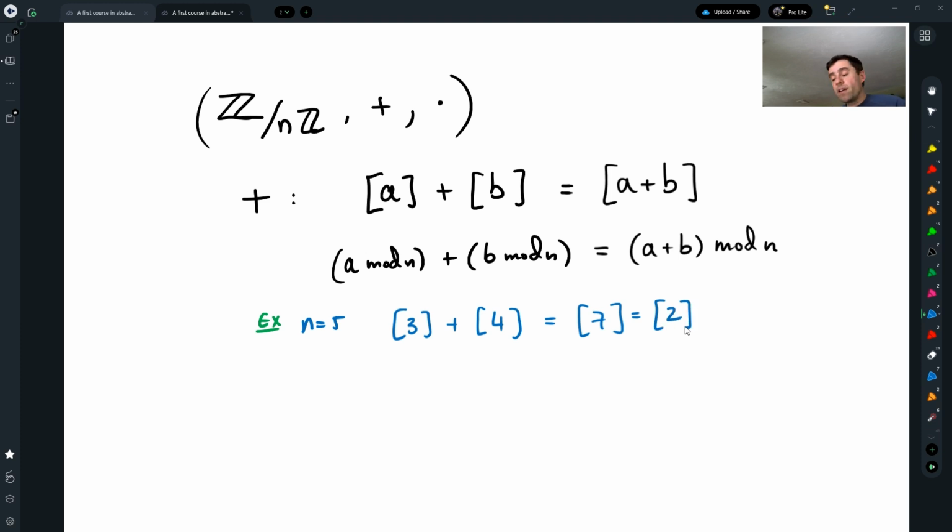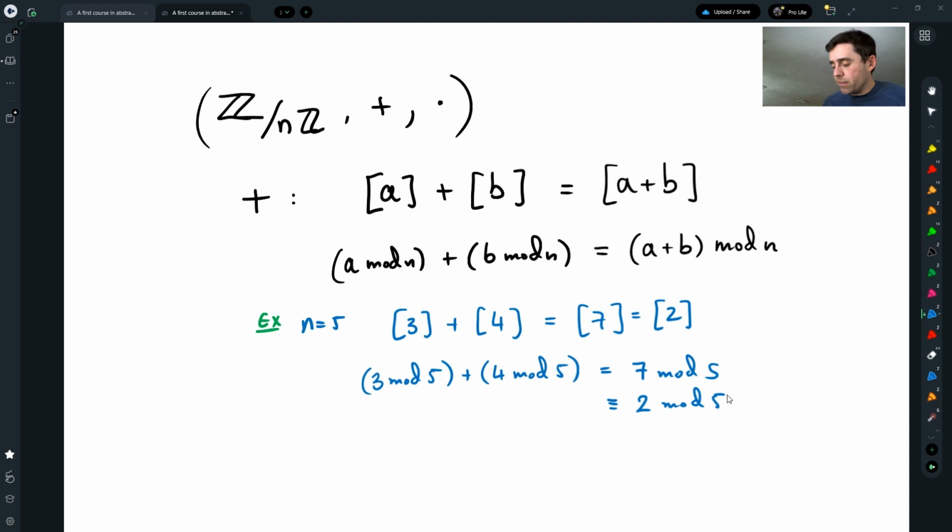So the class of 3 and the class of 4 gives me the class of 2. Similarly, if I do 3 modulo 5 plus 4 modulo 5, then what I get is the class of 7 modulo 5, which is 7 congruent to 2 modulo 5, so I get the same answer.